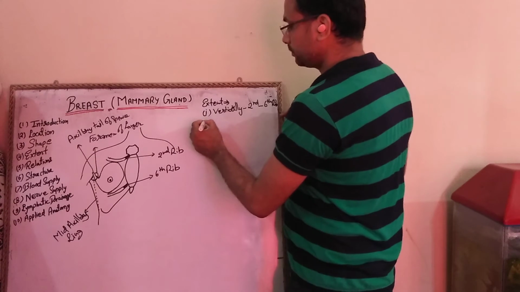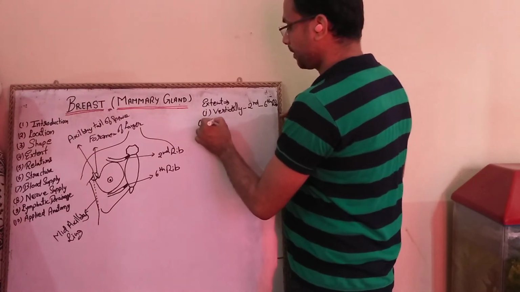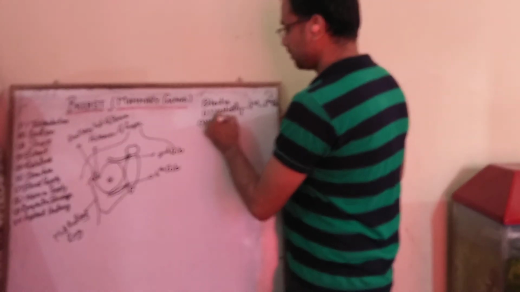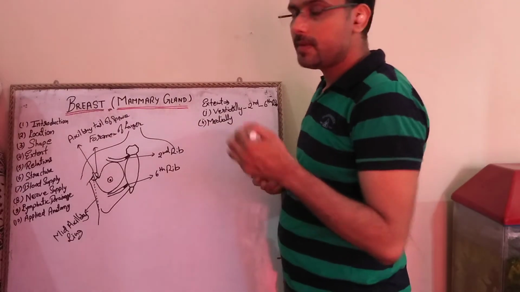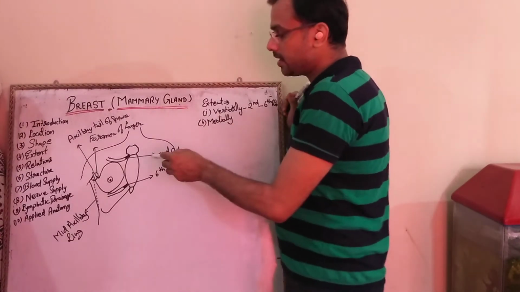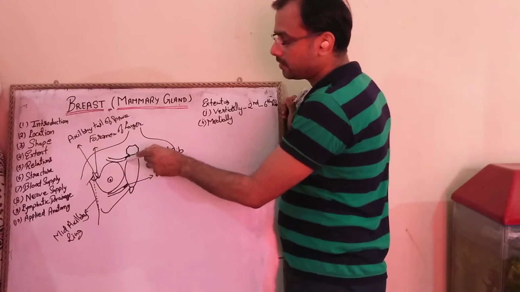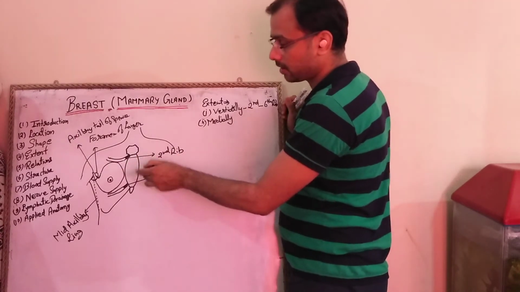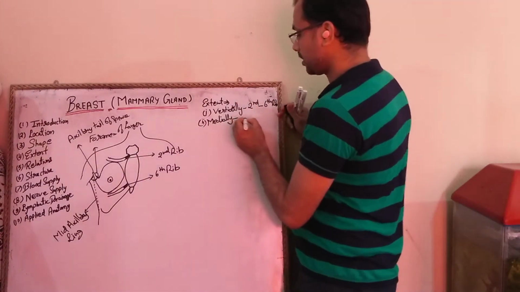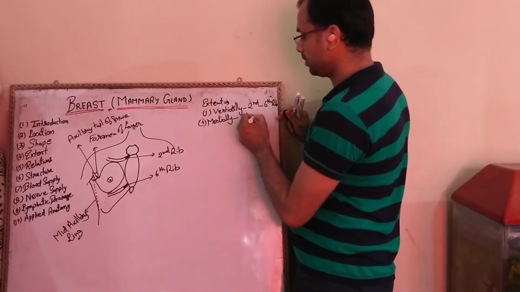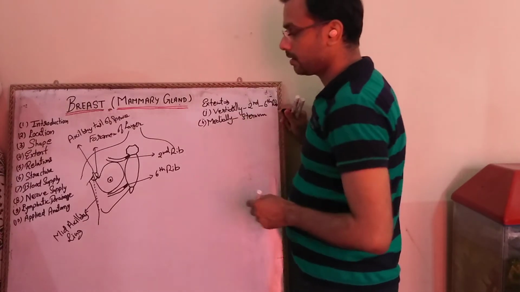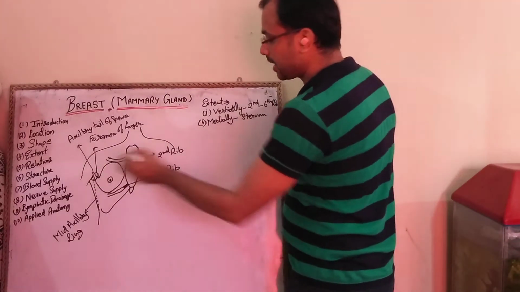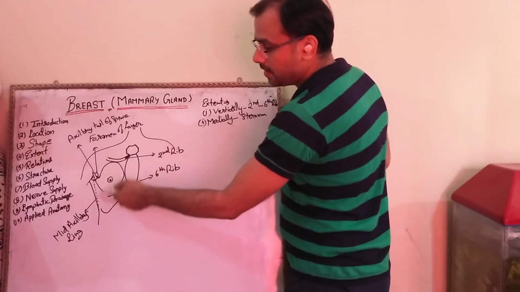Now, medially, if we talk about the medial extension, it extends from the lateral border of the sternum, and laterally it extends up to the mid axillary line.